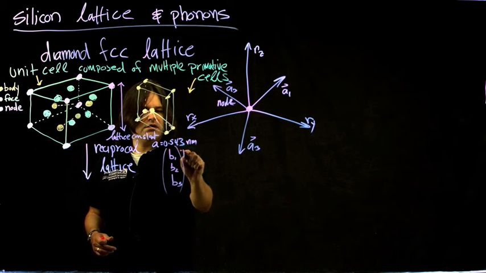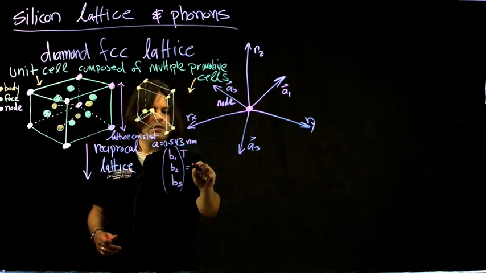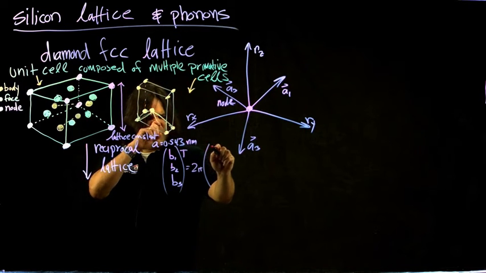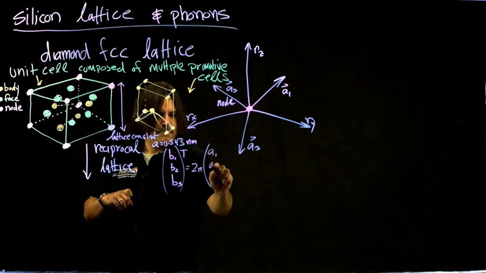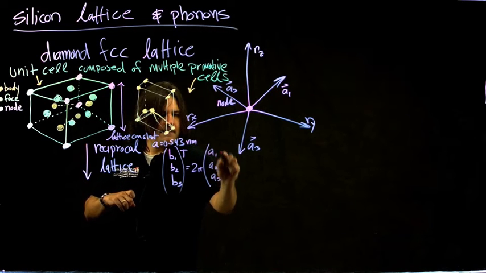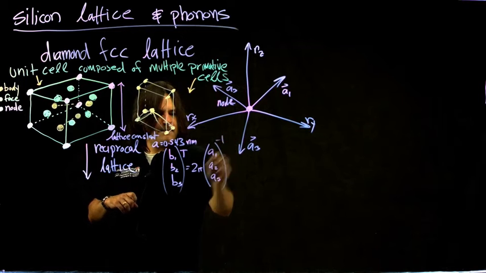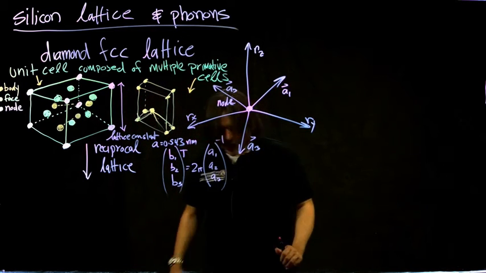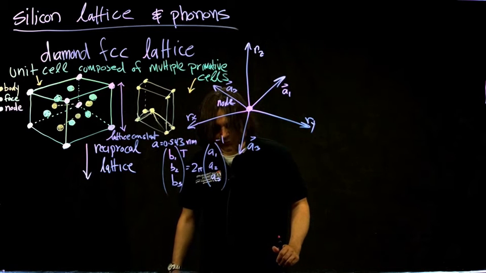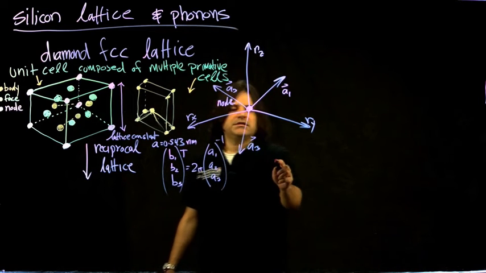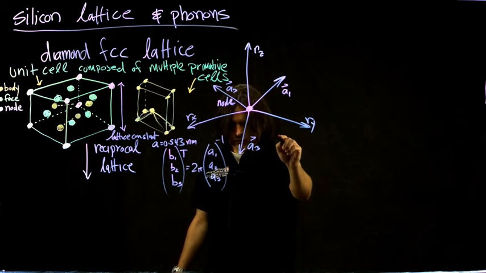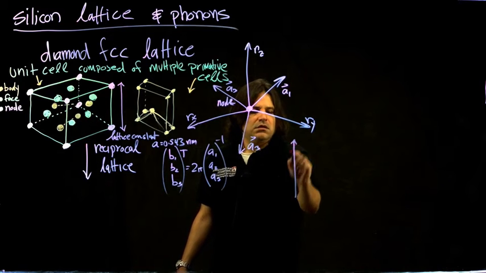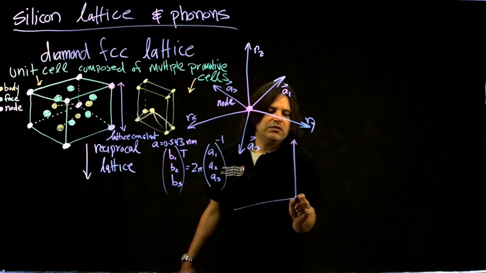So we're going to find a new vector by taking the inverse of the real vector in real space, and that's how we get to reciprocal space. That's going to look like this, similar but different, but reciprocal. So you just relabel the axes.